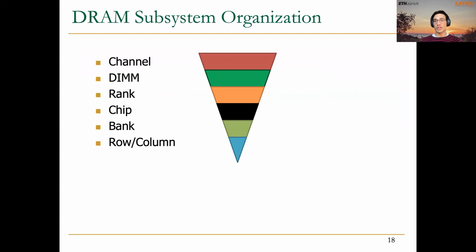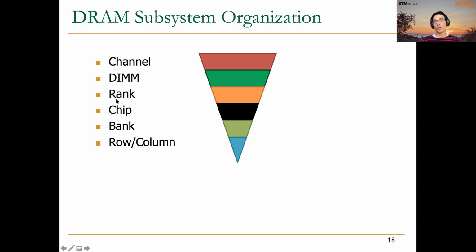So how is the DRAM subsystem organized? It's in this top-down organization. We can start from the memory channels, which are the channels that connect the CPU, the processor, or the GPU to the memory itself. The memory itself is typically composed of DIMMs, memory modules.